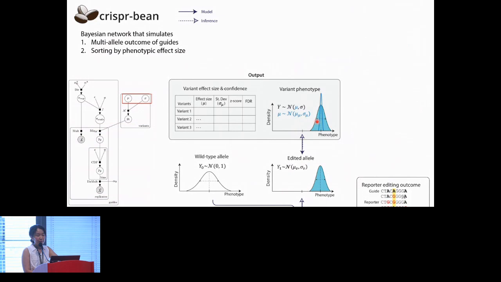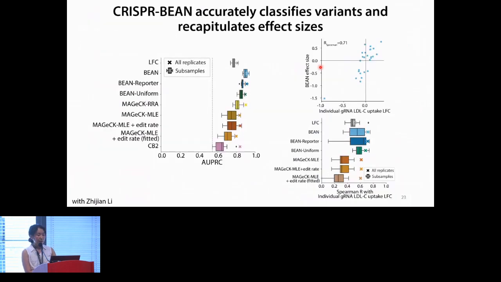Now I will be showing some of the results. Here I'm benchmarking the method with all other methods applicable to sorting screens. And the second row, CRISPR-Bean, is showing the best performance, especially compared to the simple log fold change based method.